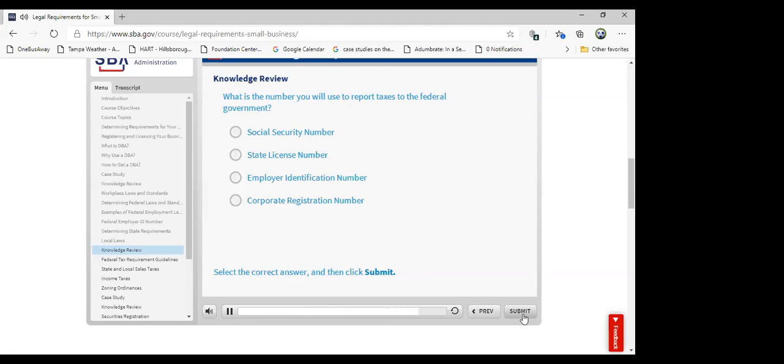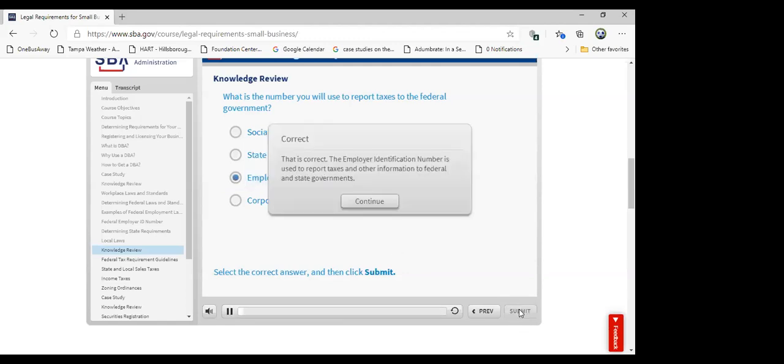D. Corporate registration number. So the correct answer is employer identification number. Exactly. So let's hit Submit. That is correct. The employer identification number is used to report taxes and other information to federal and state governments.